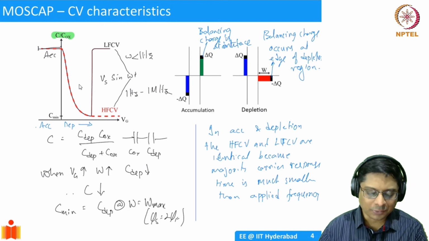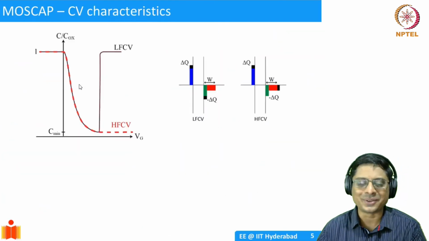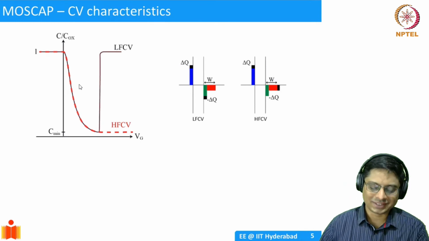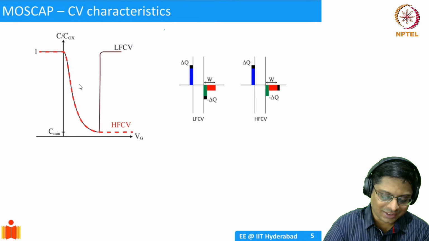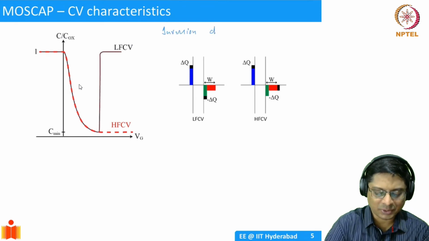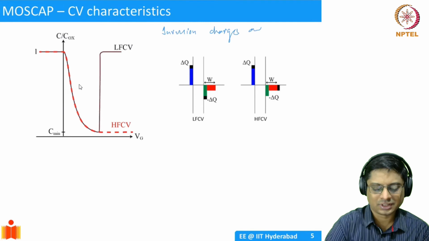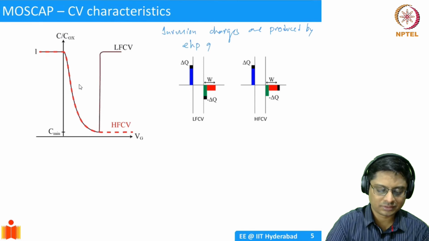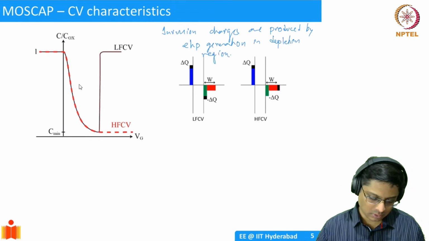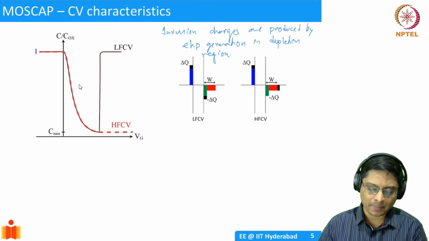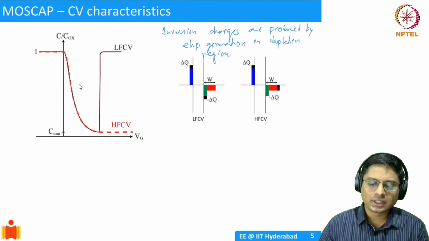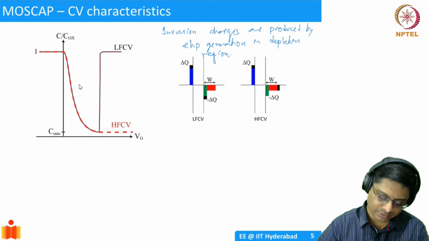So of course that tells us that in inversion it's not going to be the same, right? Why is it not going to be the same? Well, in inversion, charges are produced by EHP generation in the depletion region. This is how inversion charges are produced. So what happens to these electron-hole pairs which are produced?